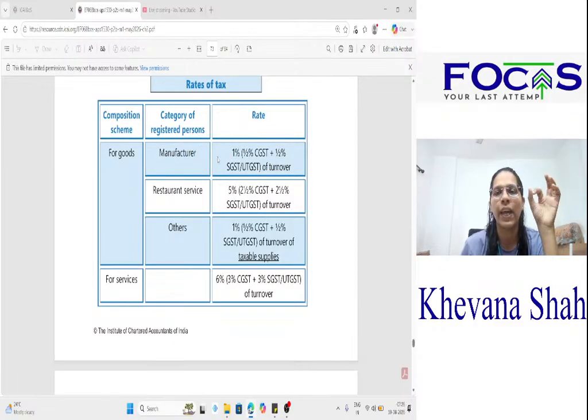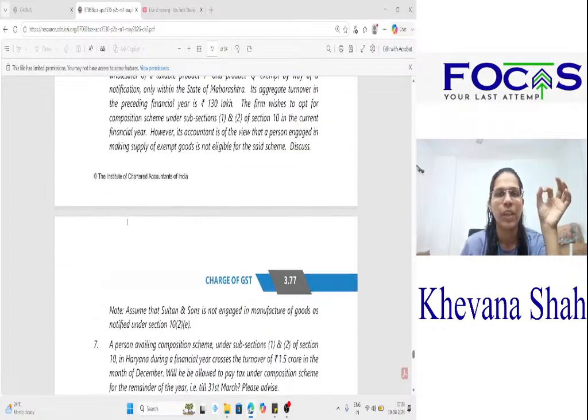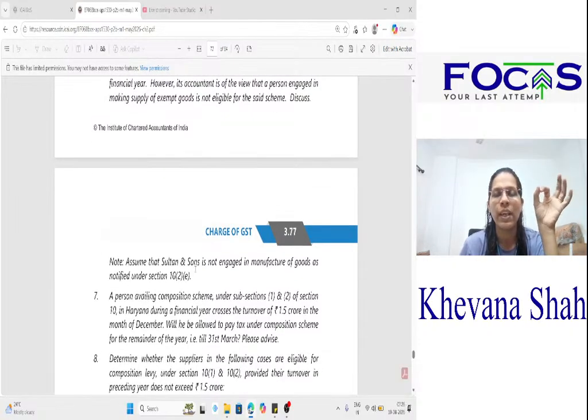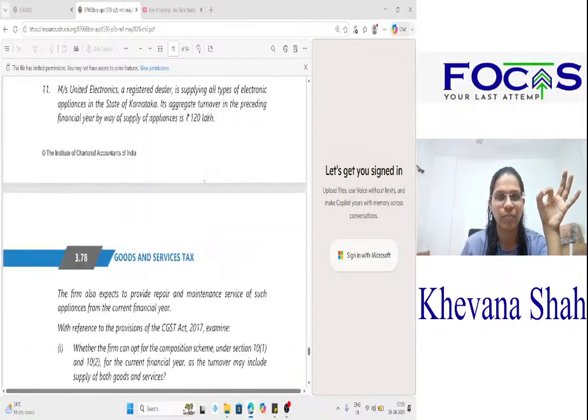So here you can be making taxable or exempt supplies, and for this section the applicability is only on taxable supplies. Assume that Sultan and Sons is not engaged in manufacture of goods as notified under section 10(2)(e). So let's check the answer for this.